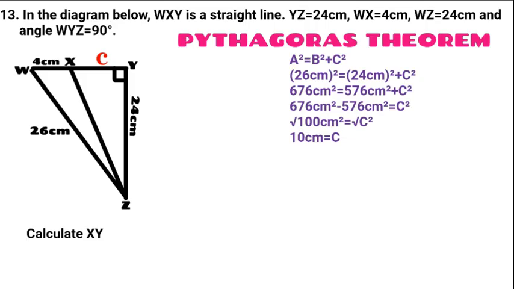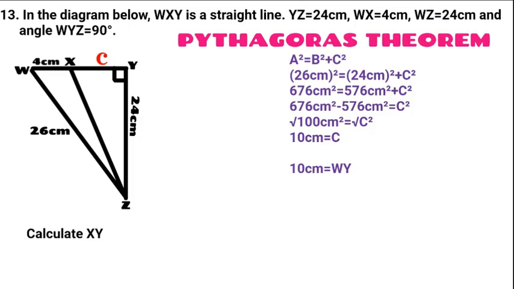Now, like I said earlier on, 10 centimeters is equal to WY. It's equal to the distance from W to Y. You can check on the diagram where there is W to Y. When you look at the distance given, W to Y, you see that it is divided into two parts. We have got WX as well as XY.